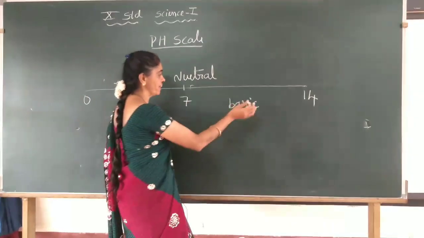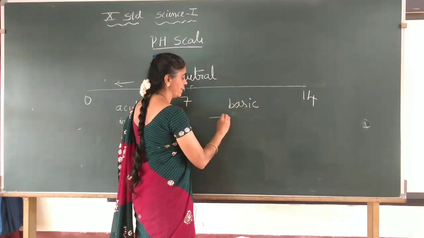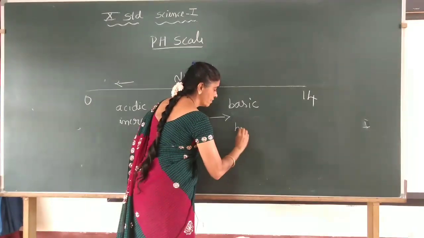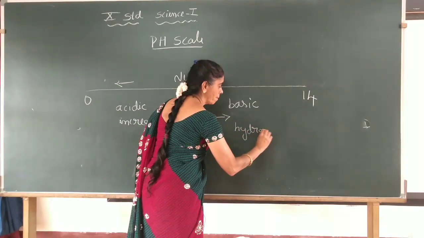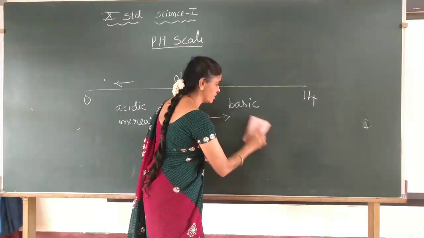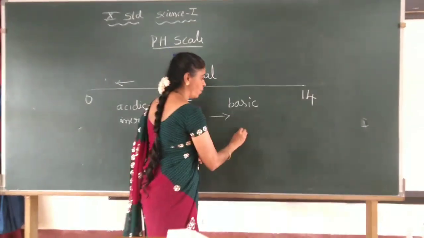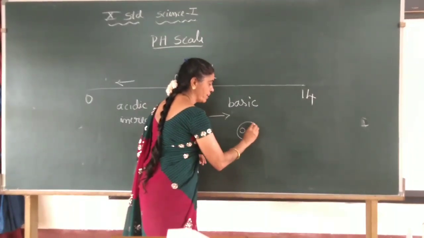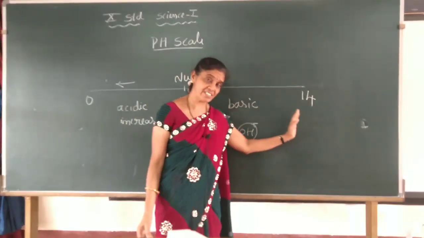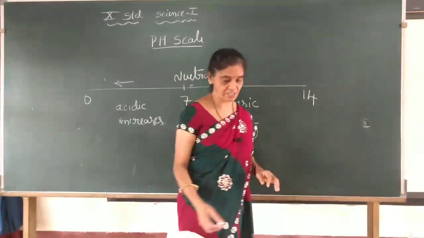And if you move towards the number 14 in the pH scale, since it is basic in nature, if you consider the OH ion here, the OH ion strength increases, the basic nature increases.